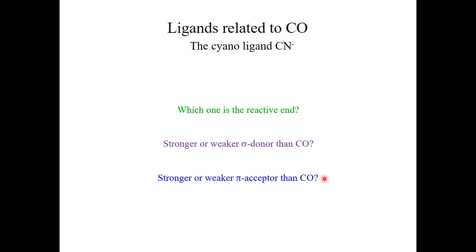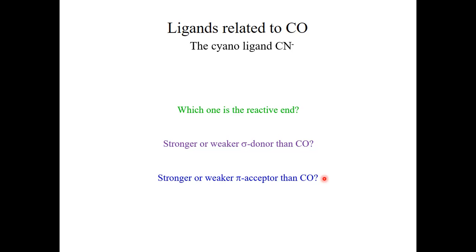Yeah, for the pi acceptor, I guess it should have the empty orbitals to accept the pi electrons. However, you can see the charge on the CN, and so I don't think it is easy to accept the electrons. Correct.